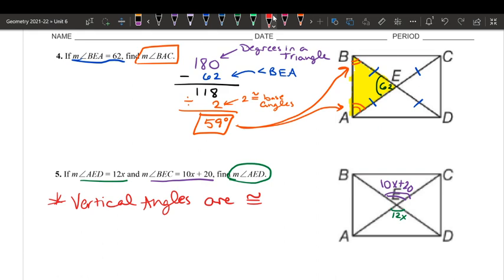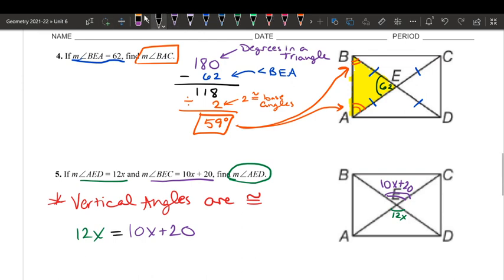So vertical angles are congruent. That means that 12x equals 10x plus 20. So that should be a familiar one to look at when you have the X shape. The ones across from each other are vertical angles, so they are congruent.